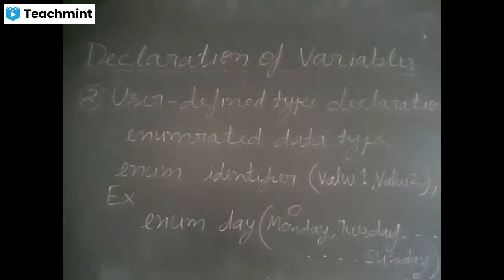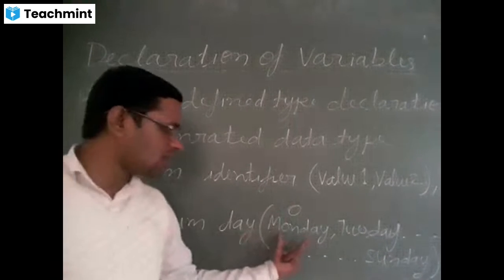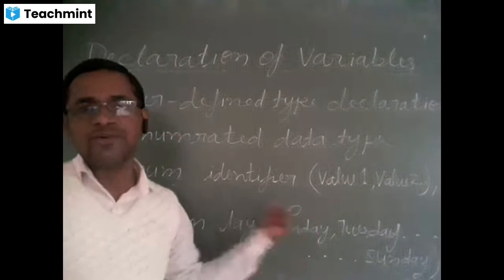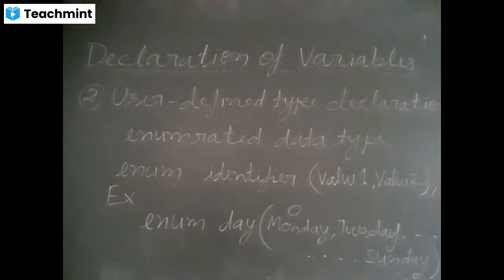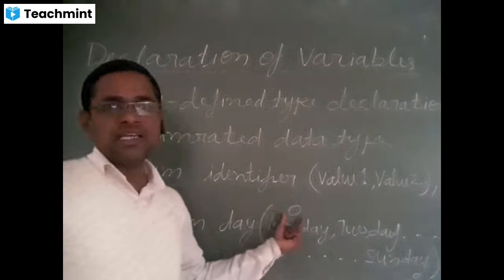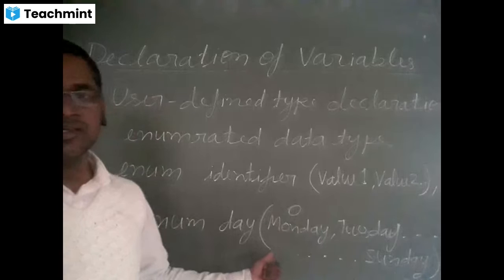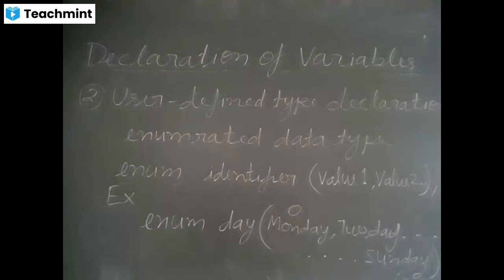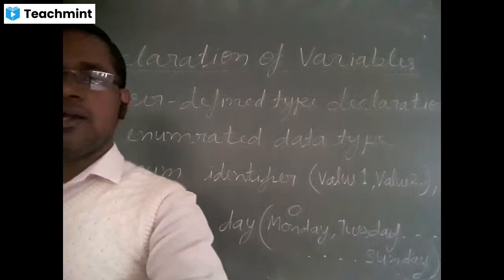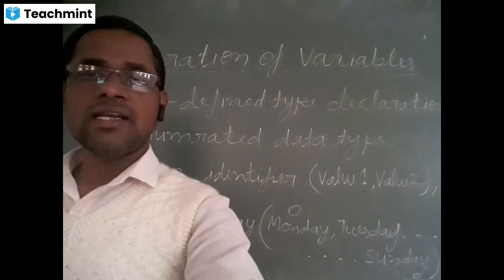So if we use Monday in our program, we do not write Monday, we just write 0. By using 0, we can access the particular day which is assigned 0. So in this way, we declare the enumerated data type within our program. So today ends the variable declaration here.